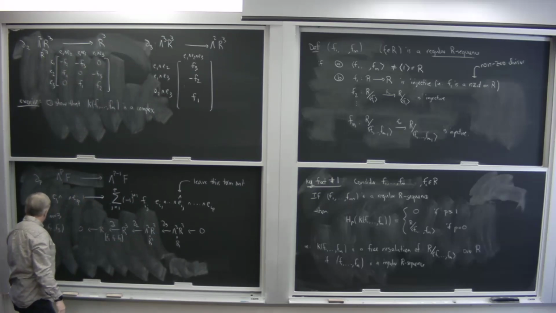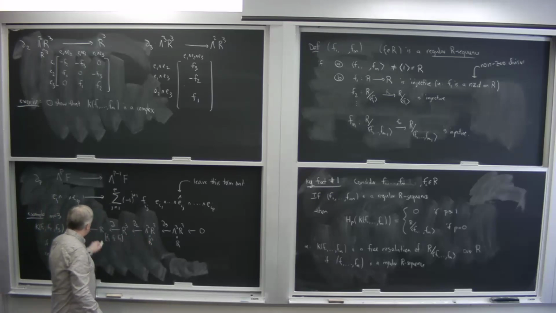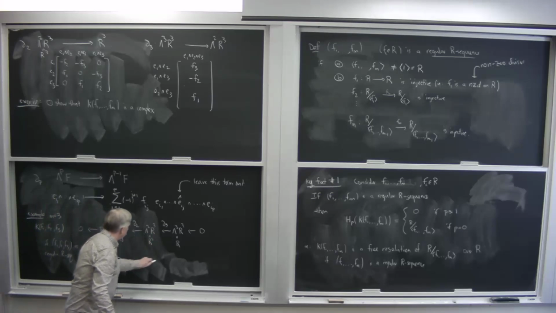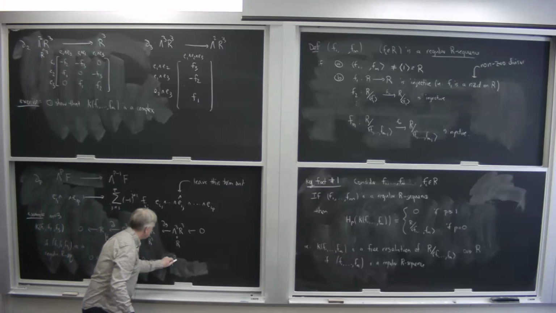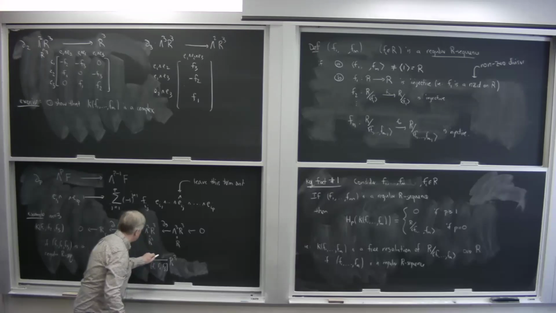Suppose F1, F2, F3 is a regular R sequence, then what do we get? Well, we get R mod F1, F2, F3. That is R, and then here we have R^3. This is F1, F2, F3, which is also delta 1.